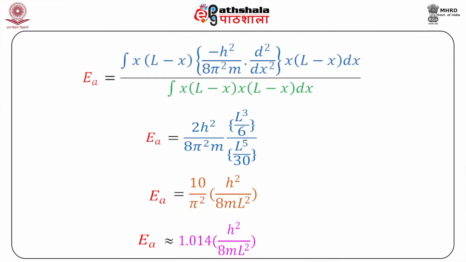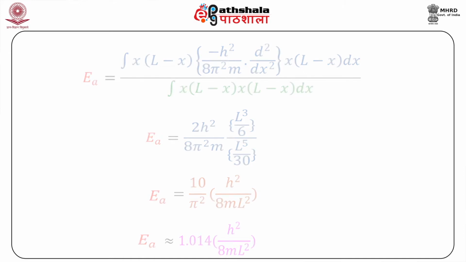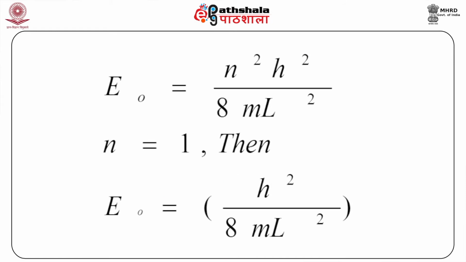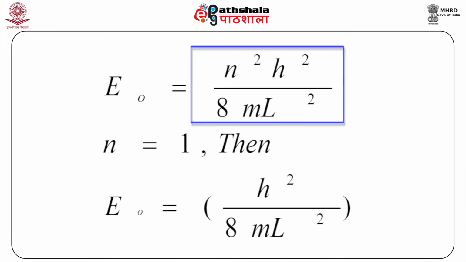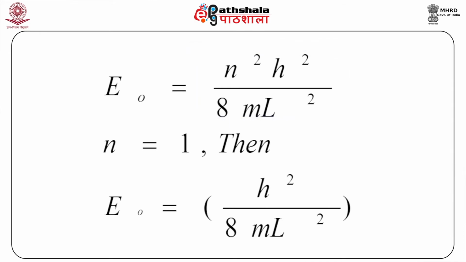For the problem of a particle in a one-dimensional box, the exact ground state energy is known to be of the form shown in equation 7, which is n square into h square upon 8 ml square, where for the ground state n is equal to 1.